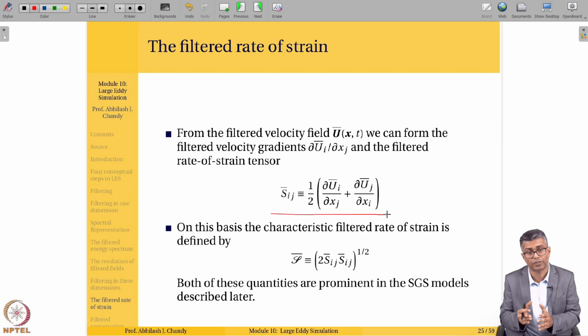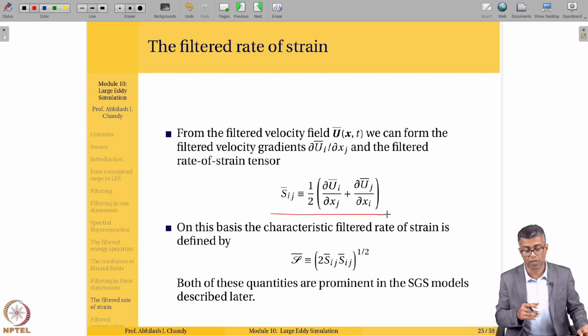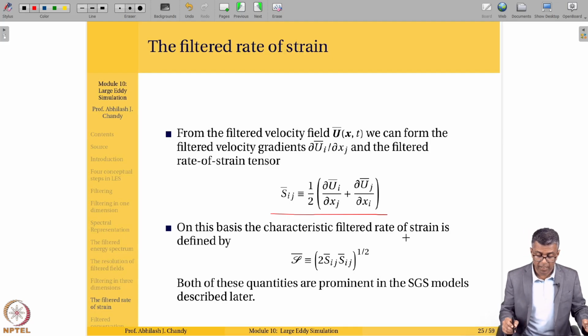So let's see what the filtered strain rate looks like. Sij bar is equal to half of del xj ui bar plus del xi uj bar. Now, for any tensor, the magnitude is calculated like this: the characteristic filtered rate of strain is S bar equals 2 Sij bar Sij bar, the whole thing to the half.